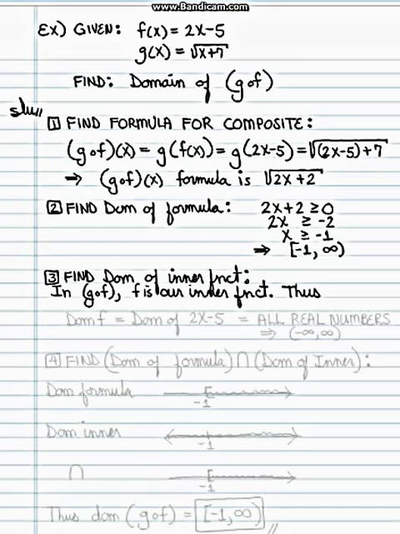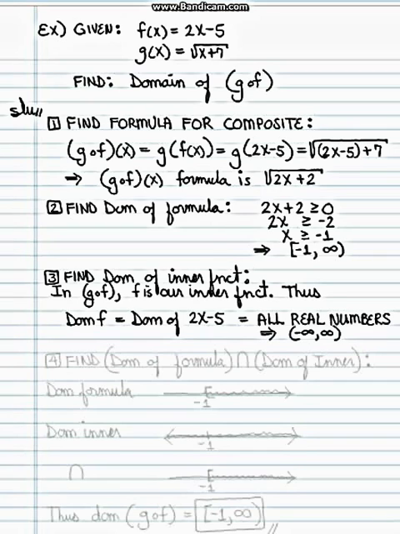Thus, the domain of f is the domain of 2x minus 5, which is equal to all real numbers. There's no restriction on what x can be when you're looking at 2x minus 5. I mean, we don't have a fraction to worry about, we don't have a radical, so it's just all real numbers. And in interval notation, it's the open interval from negative infinity to positive infinity.